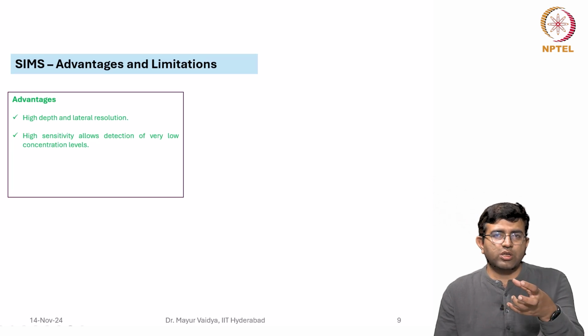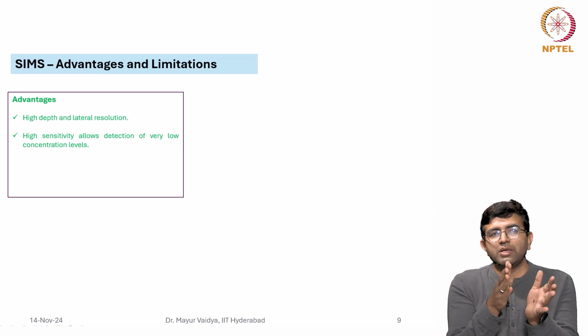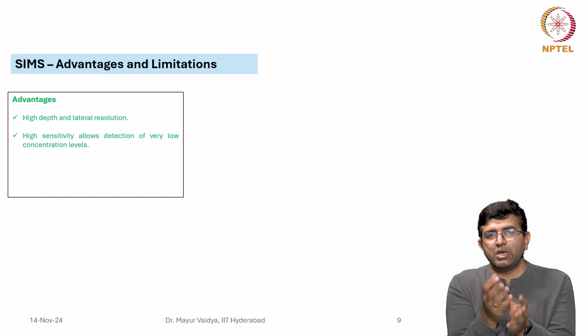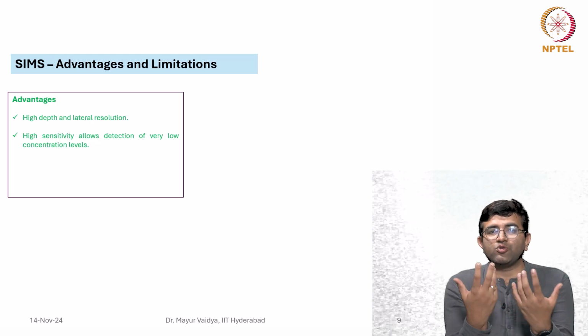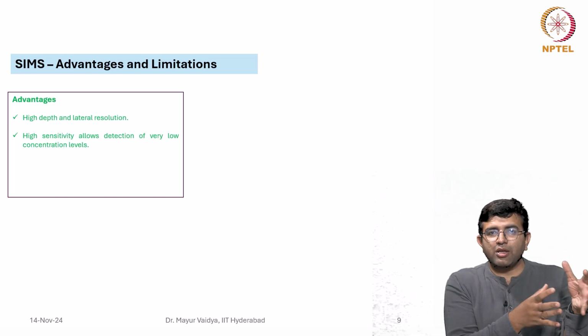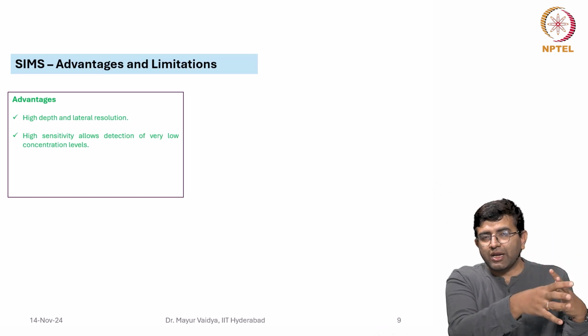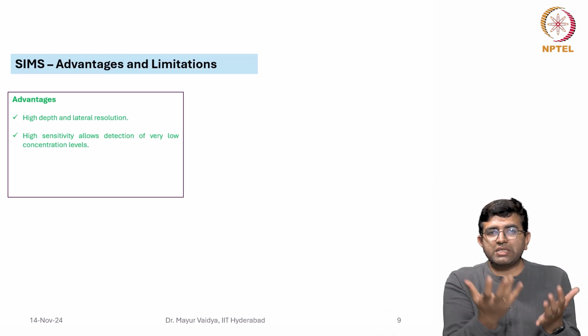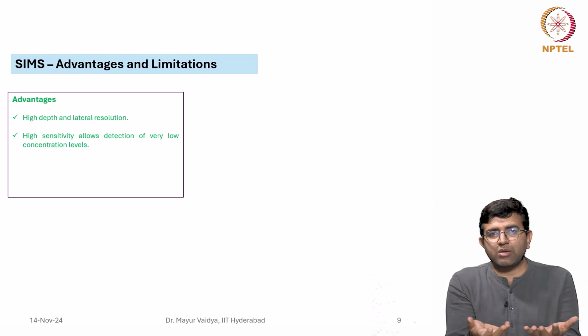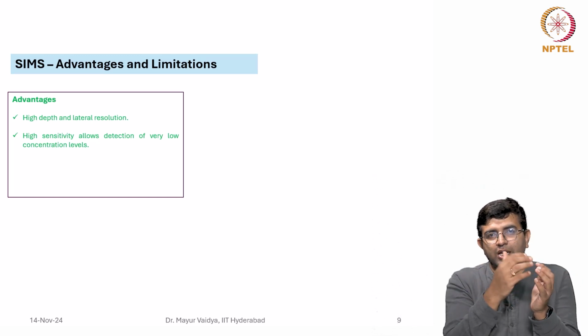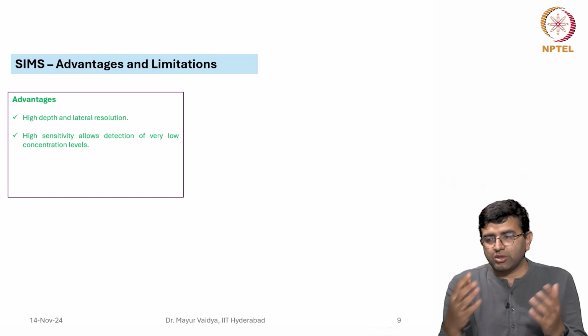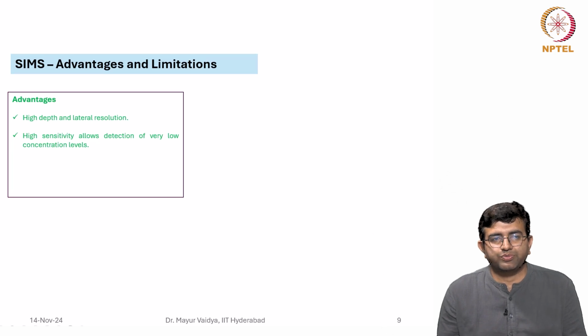Remember, when I am using the word tracer in the context of SIMS, it is not a radioactive isotope. Tracer, as the word suggests, is something with which you trace the atom. So basically, it is the atom that you trace. It is radioactive when you are using the radiotracer analysis, but in SIMS, you can use a stable isotope which is non-radioactive, and you can deposit it and let it diffuse and measure the profile.